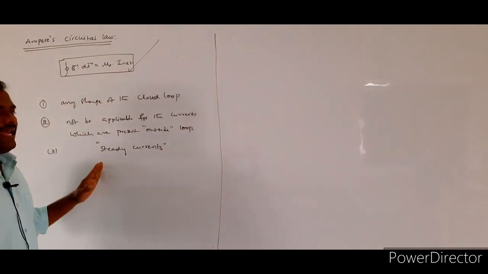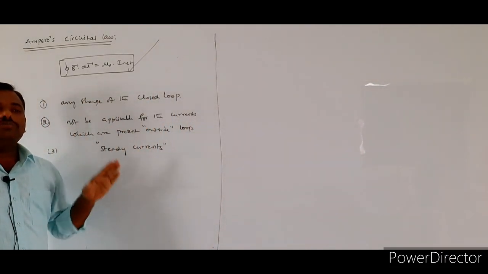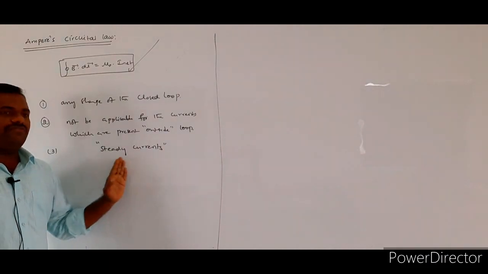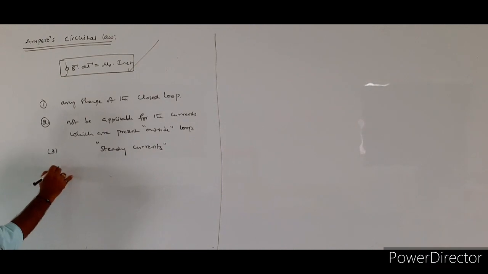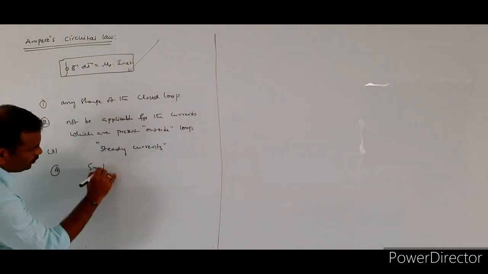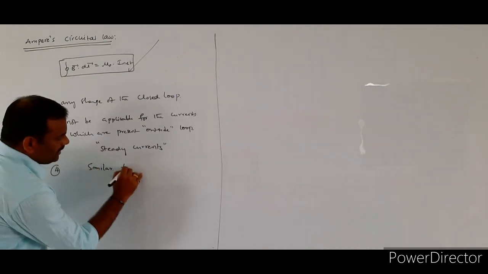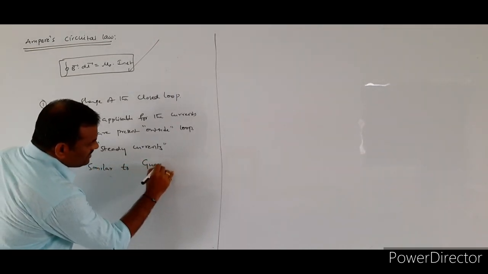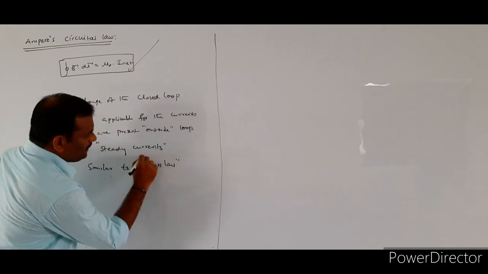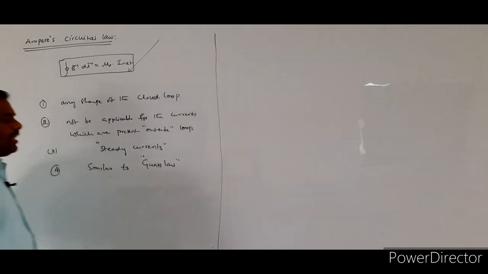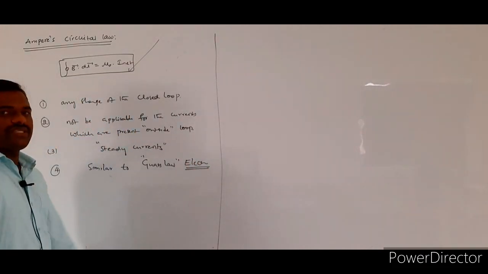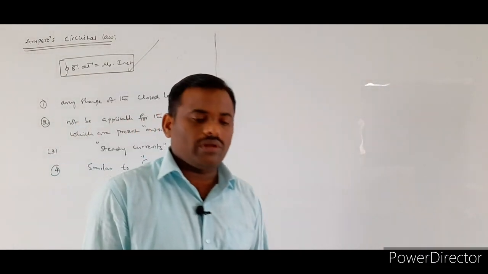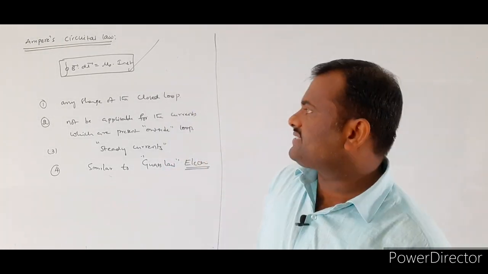The fourth point is that Ampere's circuital law is similar to Gauss law in electrostatics. These are the four points we have to remember regarding Ampere's circuital law.